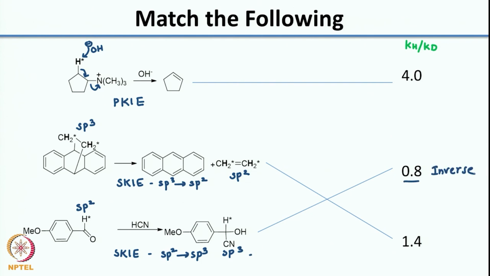So, this summarizes whatever we had seen so far for primary and secondary kinetic isotope effects. Let us solve some more examples together, so that you get a better grasp on this concept of kinetic isotope effects.